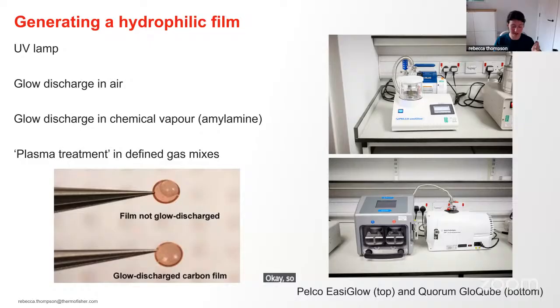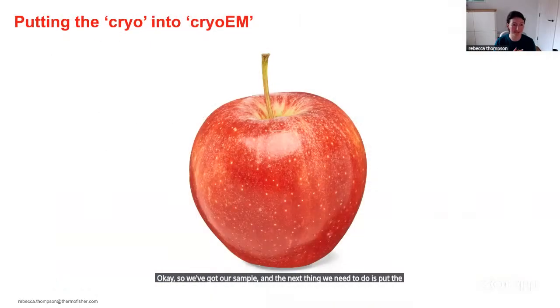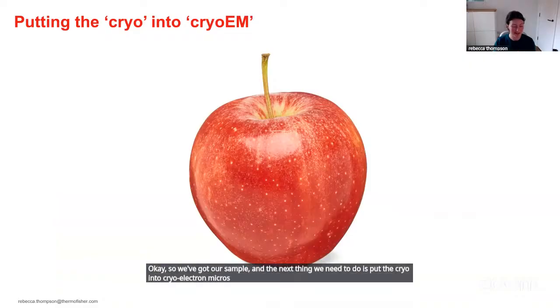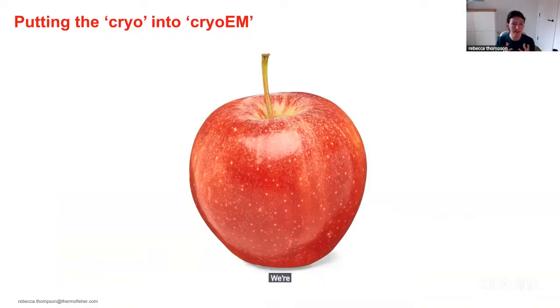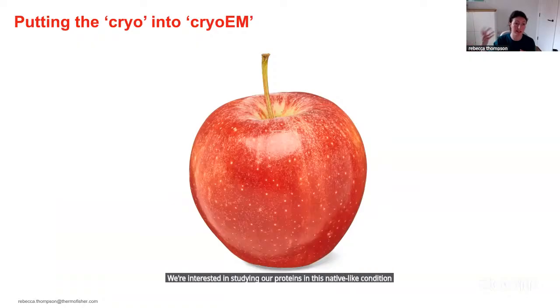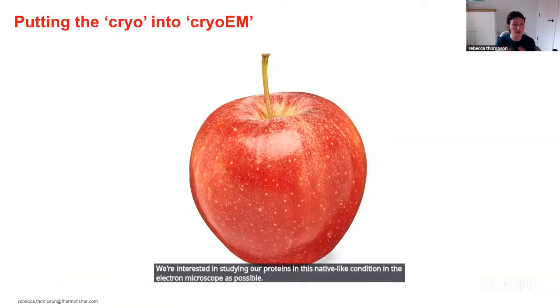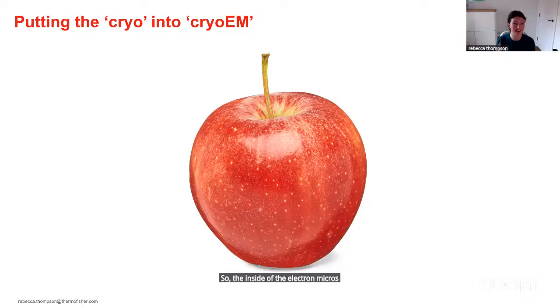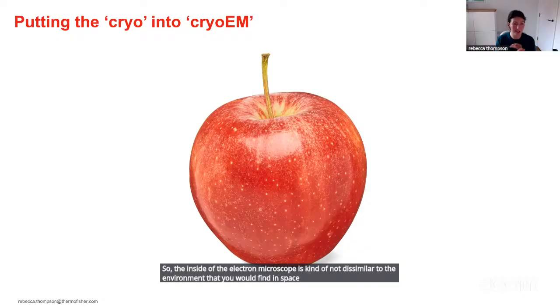Okay, so we've got our sample, and the next thing we need to do is put the cryo into cryo-electron microscopy. So we're interested in studying our proteins in as native-like condition in the electron microscope as possible. So the inside of the electron microscope is kind of not dissimilar to the environment that you would find in space. There's a vacuum, and we have high-energy radiation, high-energy electrons coming down the column.